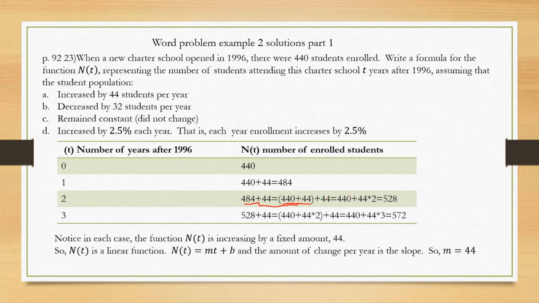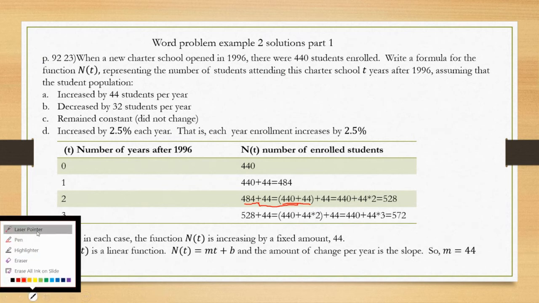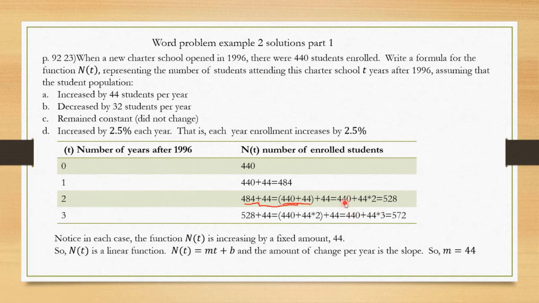So altogether, we have 440 plus 44 times 2. That really should make sense. This is what we start with, the 440. But then 2 years go by, and each year we're adding 44. And then, of course, we have a third year. It's really just the same calculation. This is all equal to 528.